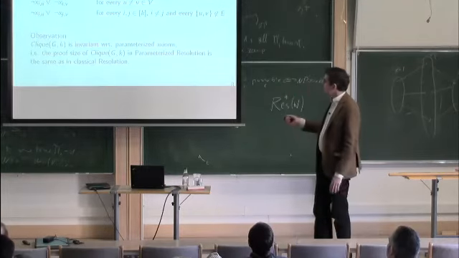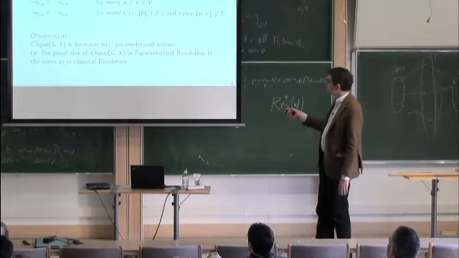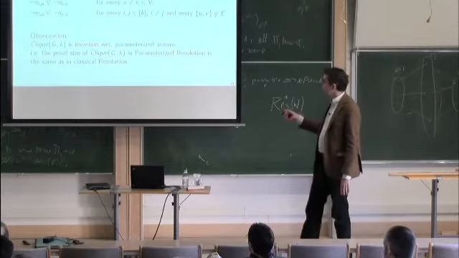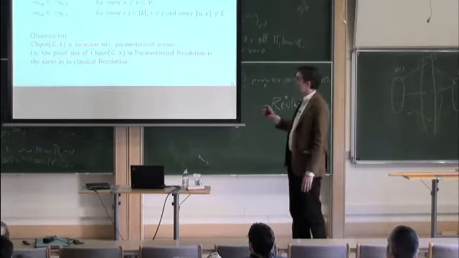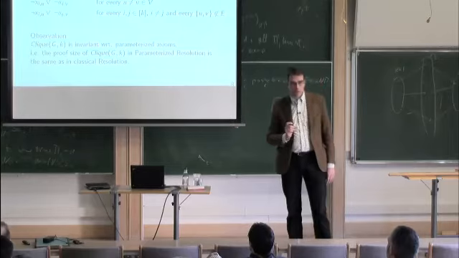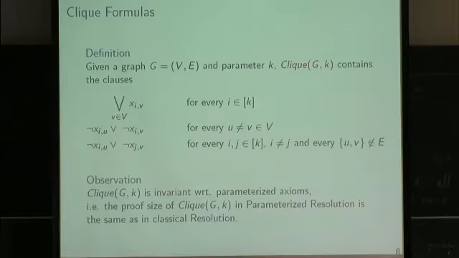And in fact, as a nice observation, you can see very easily that this formula is invariant with respect to parameterized axioms, meaning that if you have a proof of this formula, or refutation rather, in parameterized resolution, then this will be of the same size as in classical resolution.